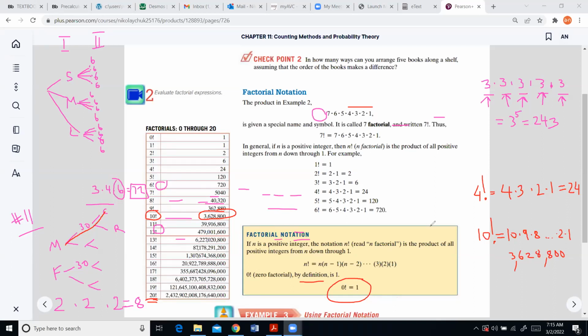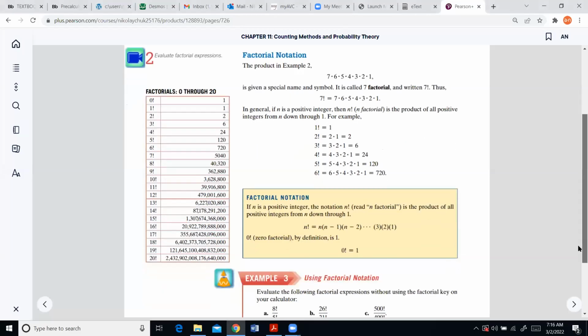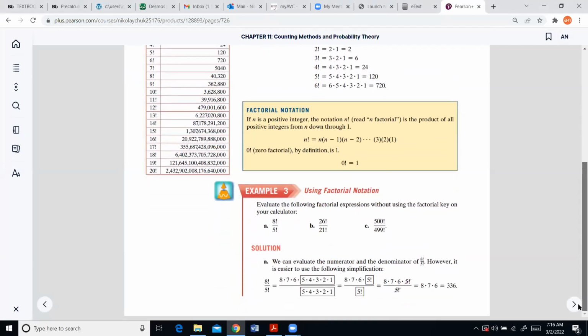So anyways, let me clean this a little bit and see what else is here. Now it's all nice and clean. So there are various exercises that deal with factorials. And you can see that sometimes you don't have to enter the actual numbers in a calculator, like in the part A of example.